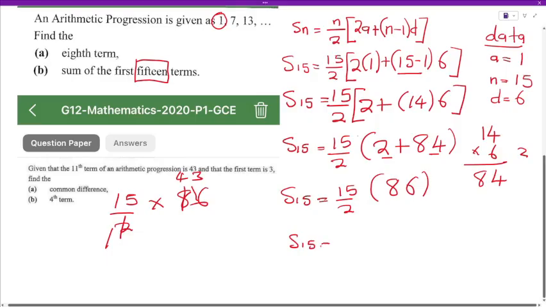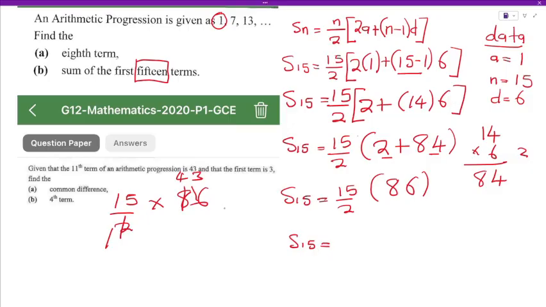So meaning S15 will give you, okay, we have enough time to finish actually, S15 will give you 15 times 43, right? 2 into 2 is 1, 2 into 8 is 4, into 6 it is 3. Then now you can multiply 15 times 43.